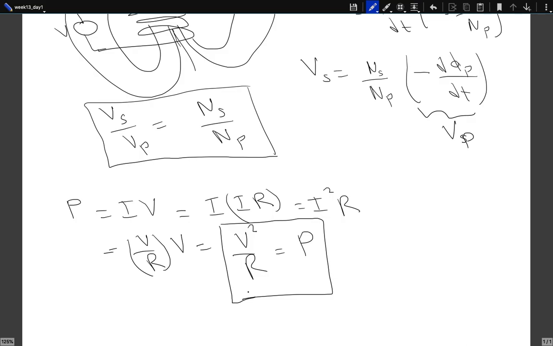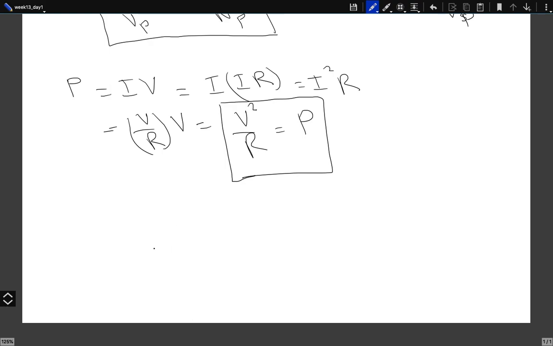Because of the conservation of energy, the initial and end power must be equal. So to be able to do that, we have high potential wires. Well, let's see. The current through the primary coil multiplied by the potential across the primary coil will be equal to the current through the secondary coil multiplied by the potential at the secondary coil.